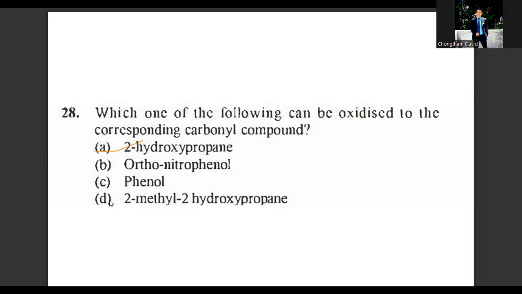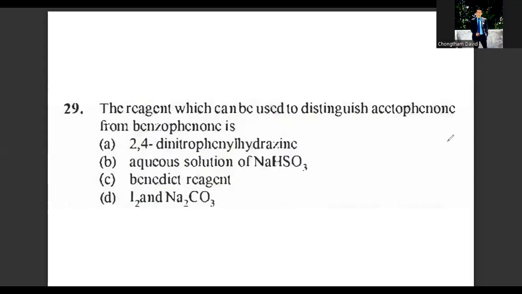Question number 29. The reagents which can be used to distinguish the two ketones. Okay, one is benzophenone, another one is acetophenone. Which one is the correct answer? It will be iodine and sodium carbonate. Because iodine and sodium carbonate react with acetophenone.